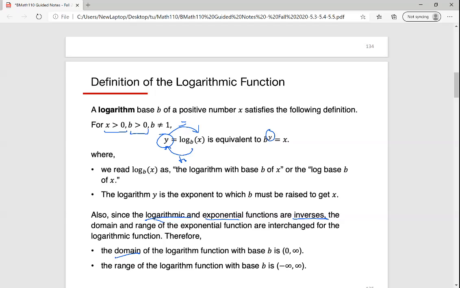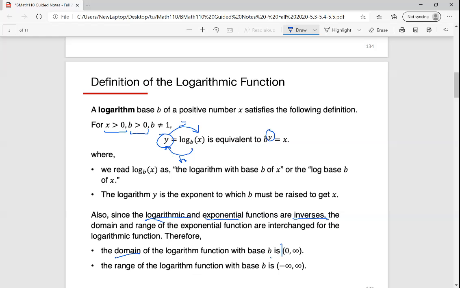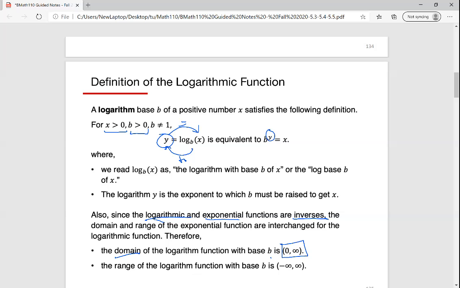So the domain of the log function with base b is always greater than 0, similar to the range of the exponential function, which is always greater than 0.